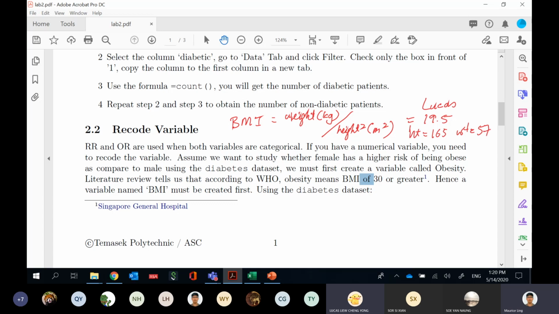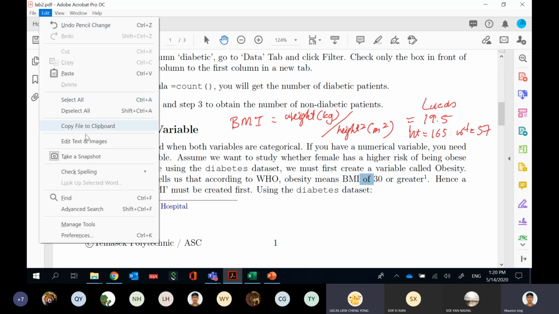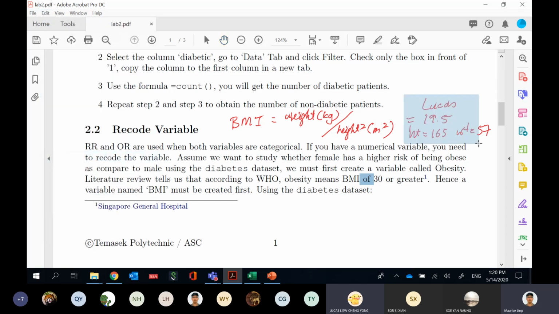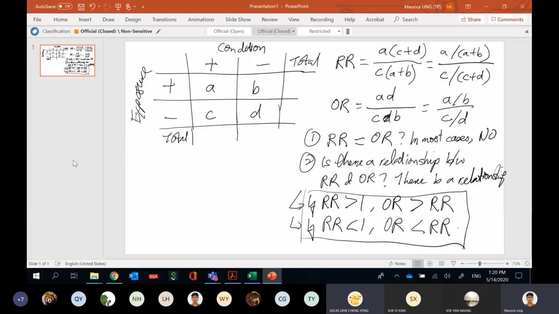Okay, so what does this mean? So let's look at this number. I'll show you what on earth this looks like. I'll take a snapshot of this and I'll show you what on earth it means. So let me go to my Excel.